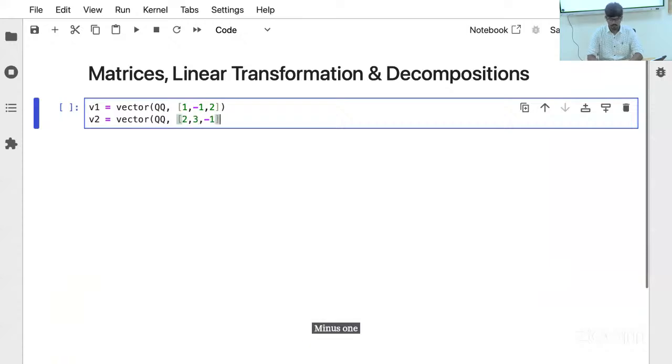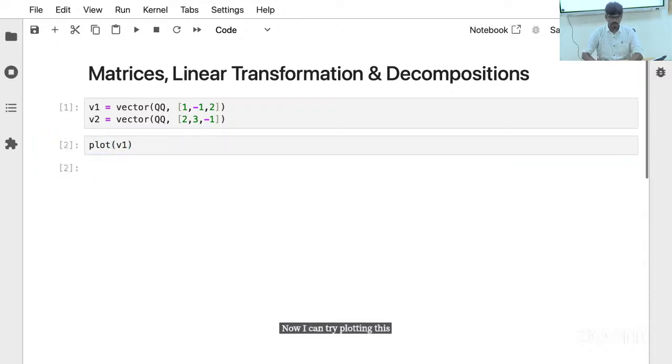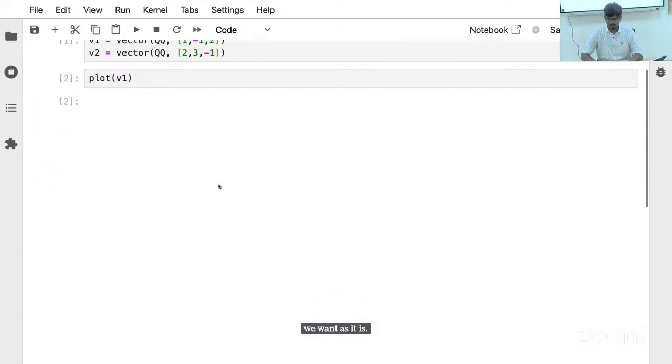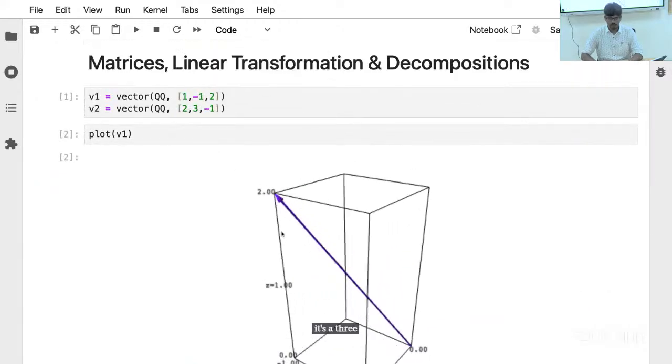Okay. Hopefully that's fine. Now I can try plotting this V1 as it is, and that should give me the plot. And it's a three-dimensional vector, as you can see. This is the plot.